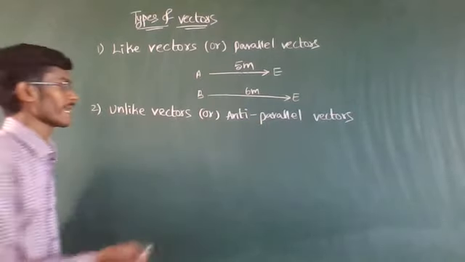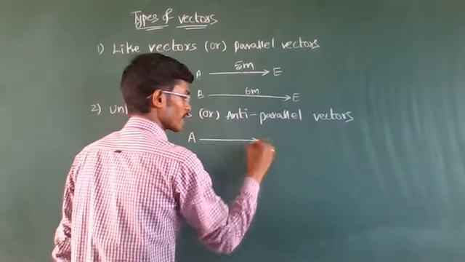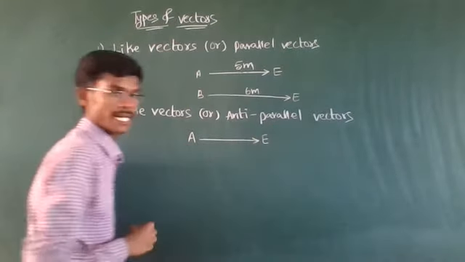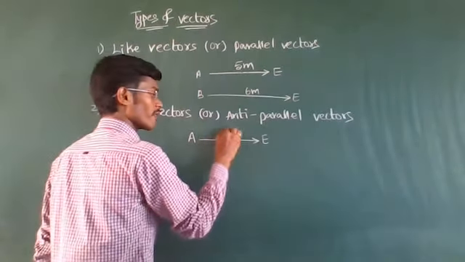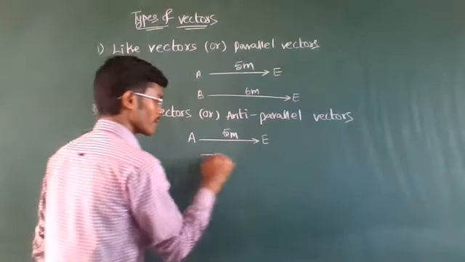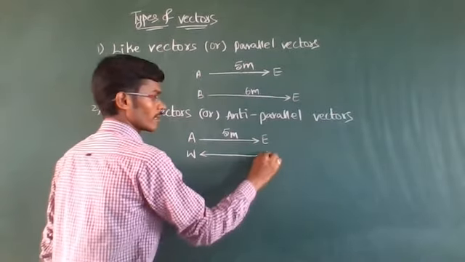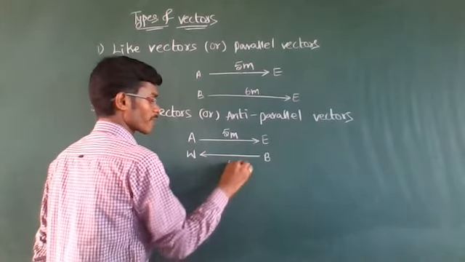If you see an example, a person A is running along a straight road towards the east direction, and he has covered 5 meters. Another person B is running towards the west direction, and he has covered some 6 meters.